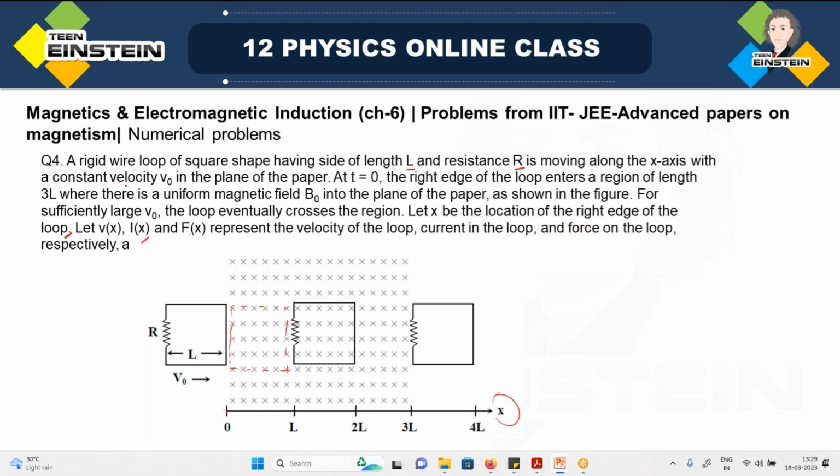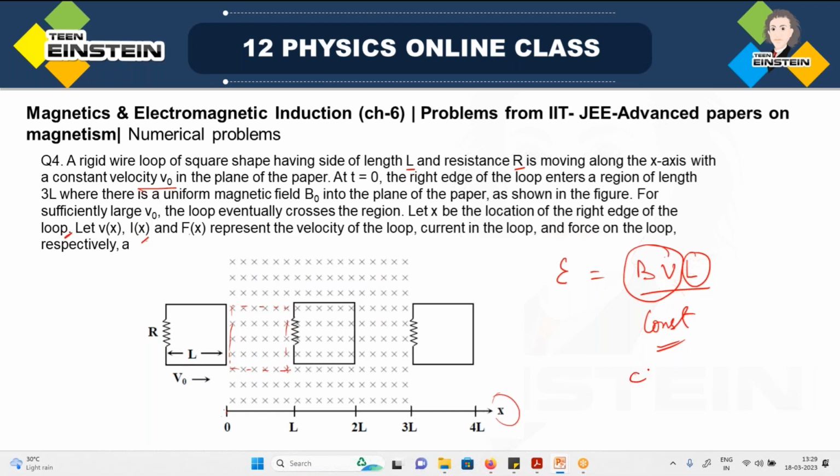So v is a constant velocity, and motional EMF is BvL, where L is the length of this loop. B is a uniform magnetic field, and v is uniform, so these are constant. Only the length of the loop changes.